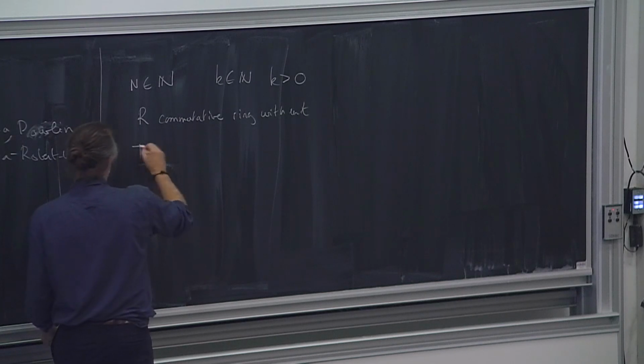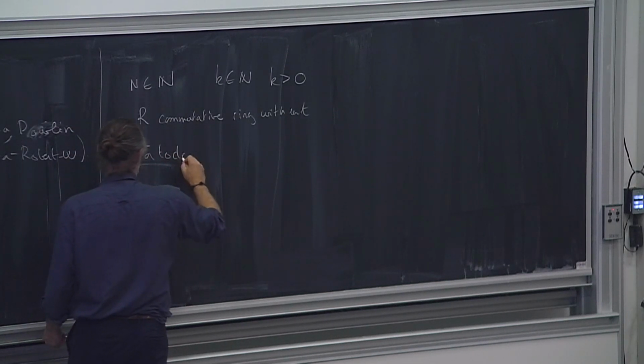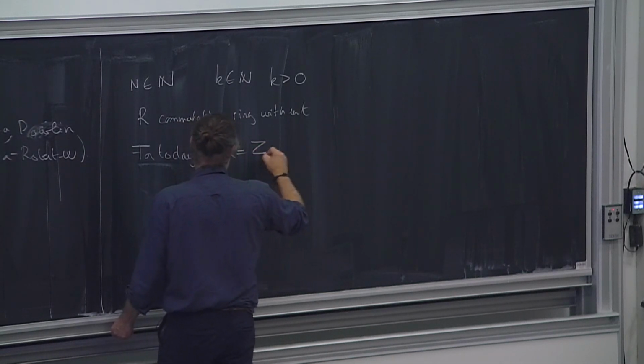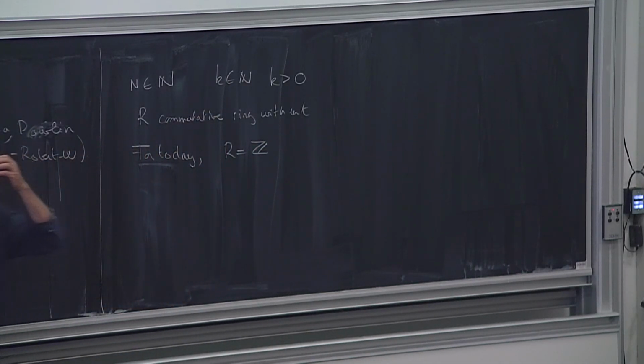For today, R will be Z. Okay, I mean, link homology theory has been created more than 20 years ago.